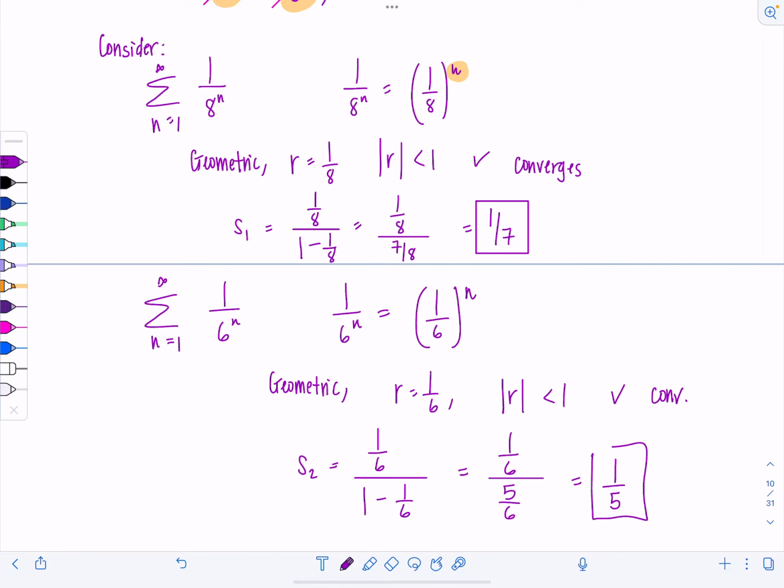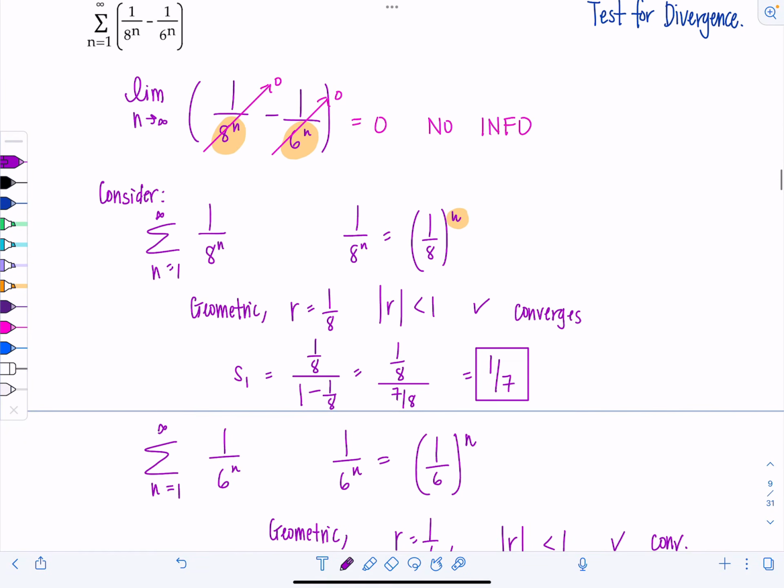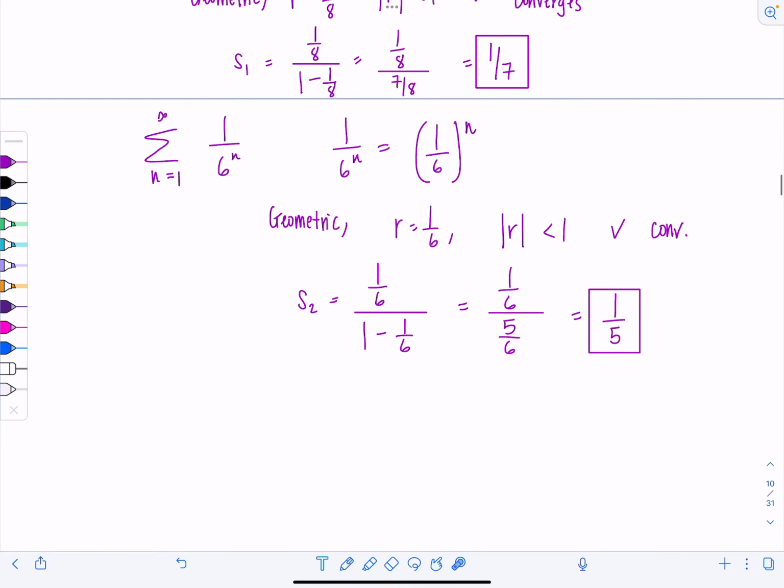Okay. Great. So they both converge, which means that the original series converges also. If one of these guys was divergent, then the whole thing would be divergent. Okay? But we're in good shape. So the overall sum of the original is going to be the difference, S1 minus S2.